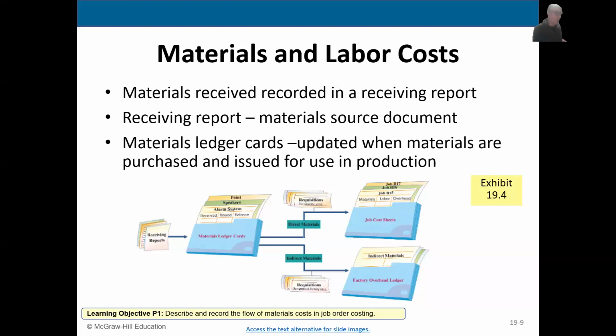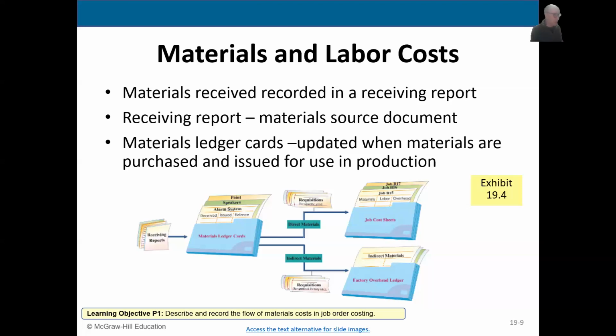We record that receiving report onto our materials ledger cards. A materials ledger card is quite simply the name of the raw materials, when it was received, how much of it we received, and the cost.